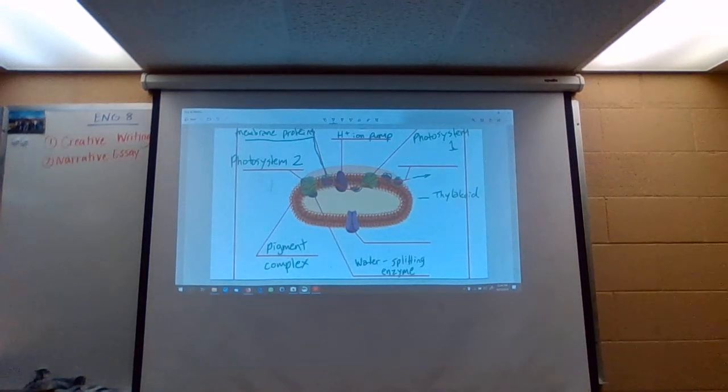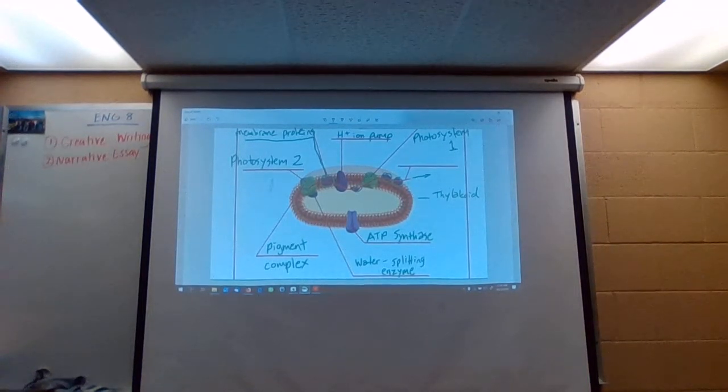Okay? All right. This little protein here, this membrane protein, is also an enzyme, and it's got a special name called ATP synthase. Remember, we learned that enzymes end in A-S-E.